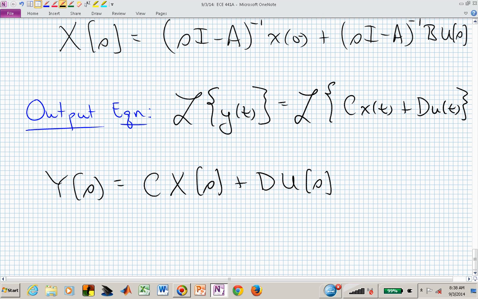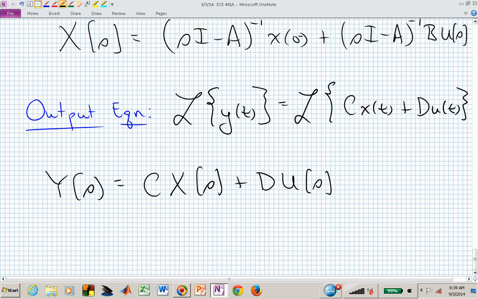We're trying to find a relationship between our input and the output. We have the input and the output, but we have this state vector here, capital X of s, but we have an equation for it. Let's just replace this capital X of s with what we know it equals on the right-hand side, two equations above.